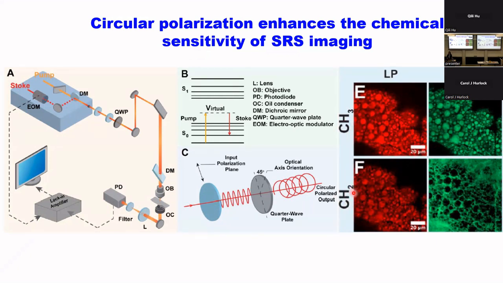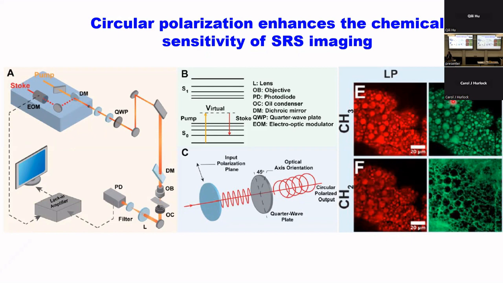CH2 is abundant in fat molecule, and you also have some in the protein molecule. So under the linear polarization case, you can see those images showing the protein and the lipid signal quite equally.